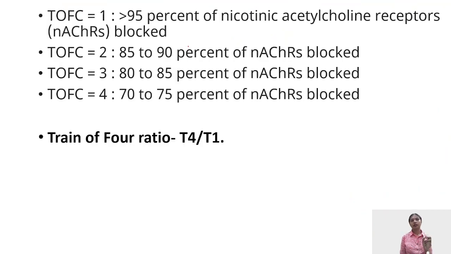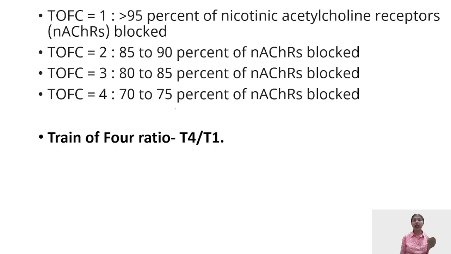The other thing that is counted when we talk about train of 4 is the train of 4 count. If we have 1, then we assume that 95% of the acetylcholine receptors have already been blocked, and if all 4 stimuli are displayed on the monitor, we can assume that only 70% of the nicotinic acetylcholine receptors are being blocked.